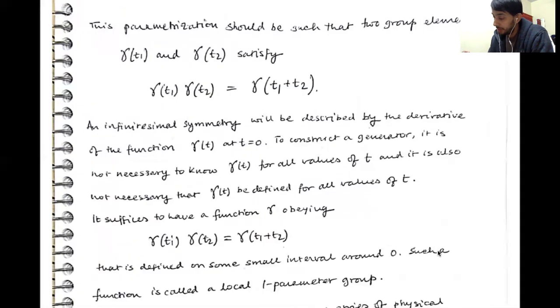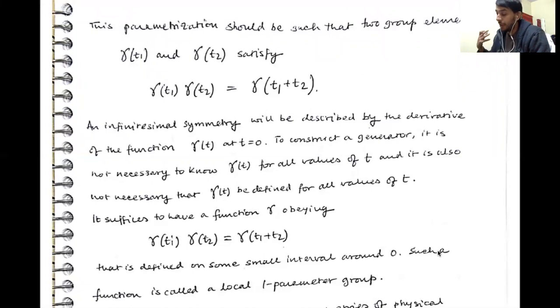This parameterization should be such that gamma of t1 multiplied by gamma of t2 is gamma of t1 plus t2. Now, an infinitesimal symmetry will be described not by the function, but by the derivative of the function gamma t at t equal to 0.